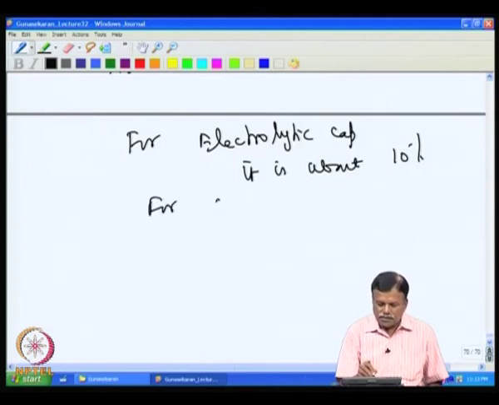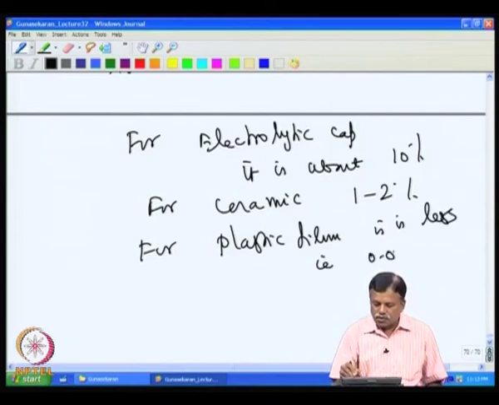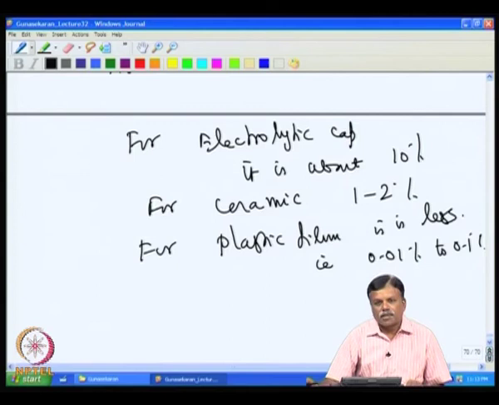For ceramic, 1 to 2%. For plastic film capacitors, it is less, that is 0.01% to 0.1%. For example, polycarbonate has very low dielectric absorption.